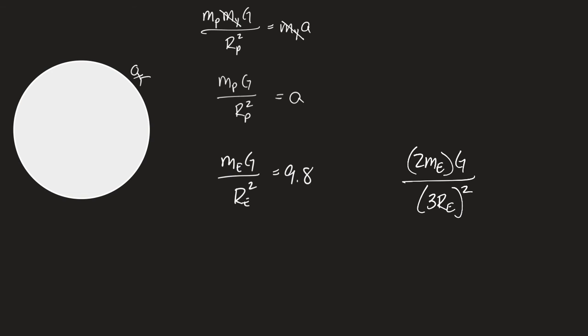Now, separate the numbers from the letters. So I'm going to pull the numbers to the left and the letters to the right. I'll get 2 times MEG divided by 9 times RE squared. Right, when I pull the 3 out, I have to square it.